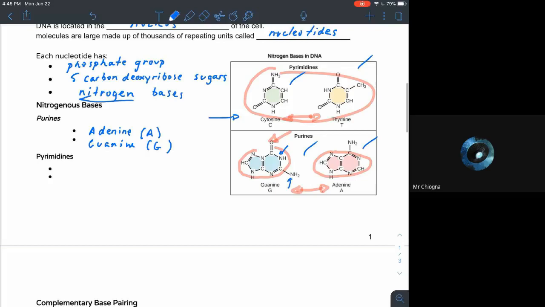The others that are similar, which I just pointed out, are thymine, that's this one, and cytosine, that's this one here.